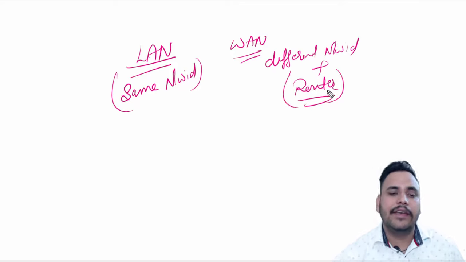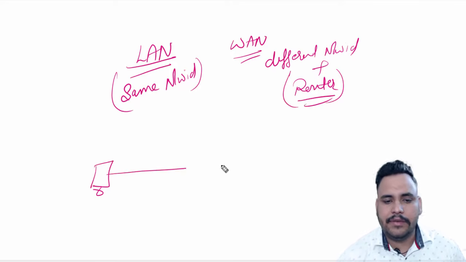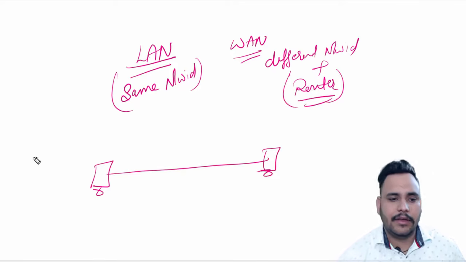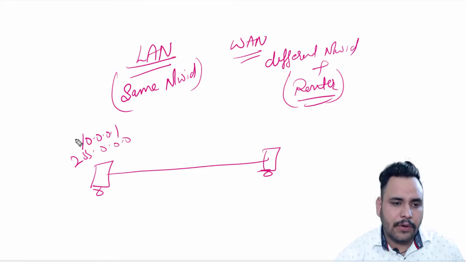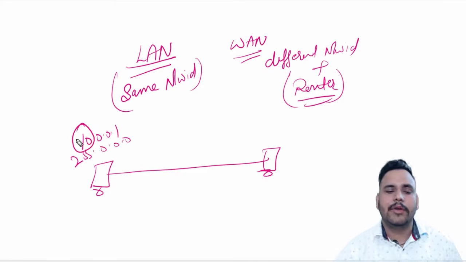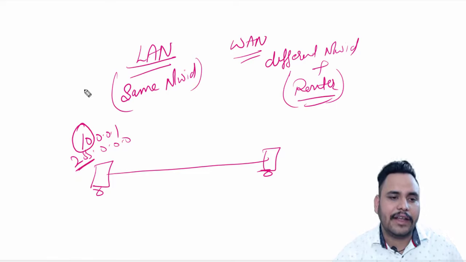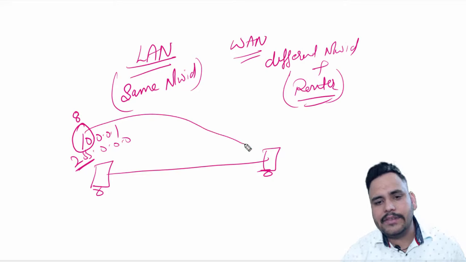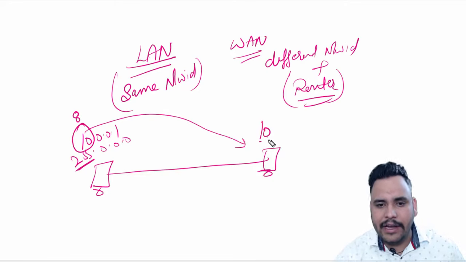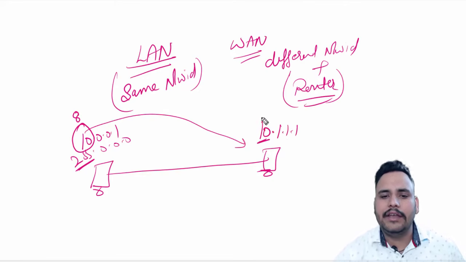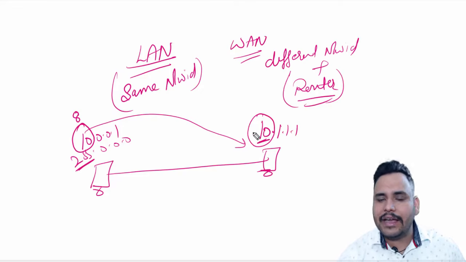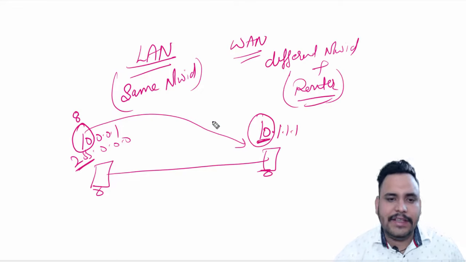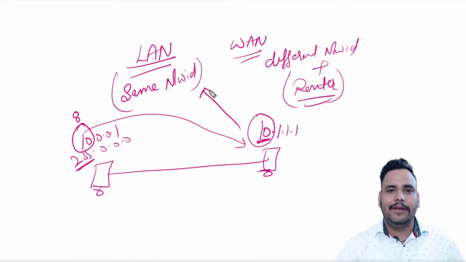If you have one PC connected to another PC, for example this PC's IP address is 10.0.0.1, so it is A class, and the 10 is my network part, because the subnet mask represents that 8 bits of the IP address are network ID. If the second PC has the same network ID, like 10, and the host can be any, like both are from A class, if the network ID is the same, then this is called LAN.